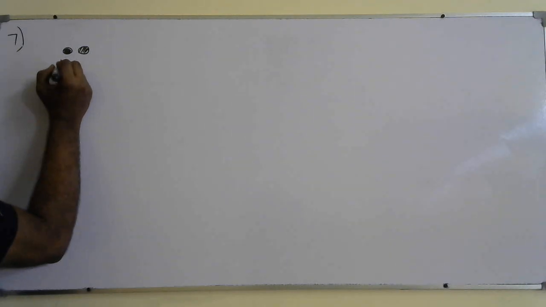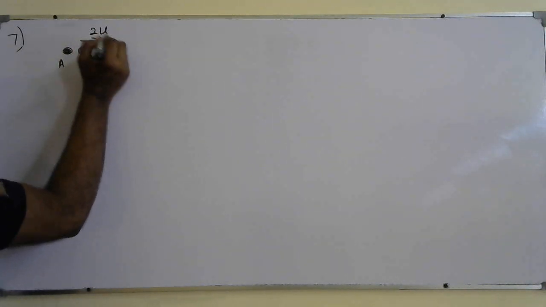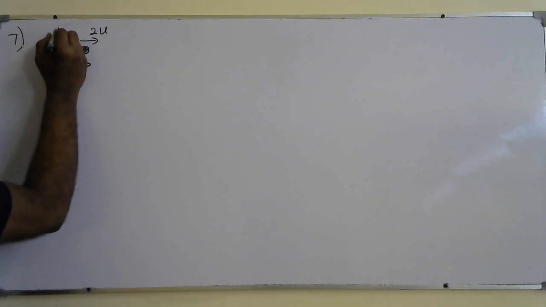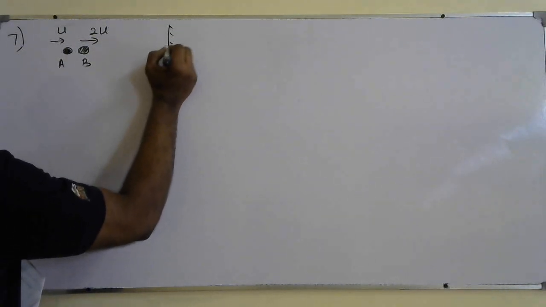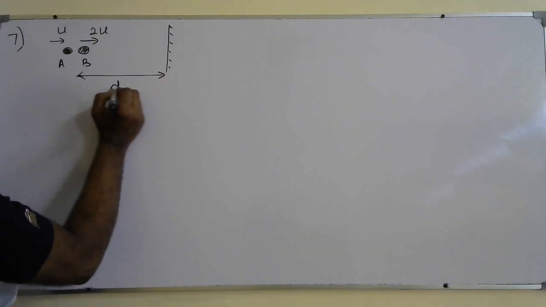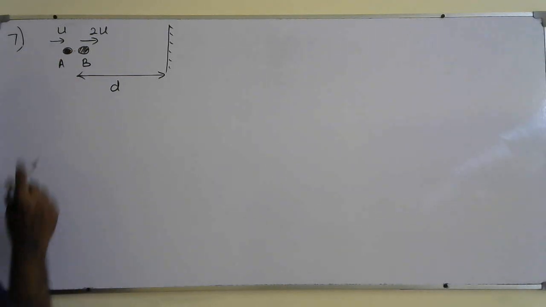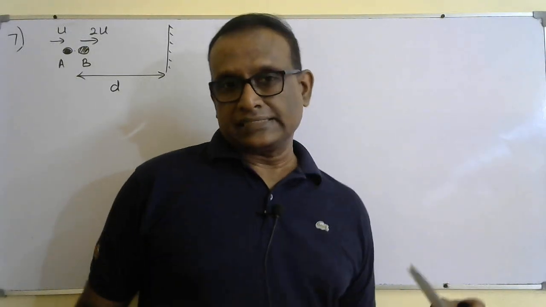B has velocity 2U, A has velocity U, and the wall is at a distance D from the point of collision.